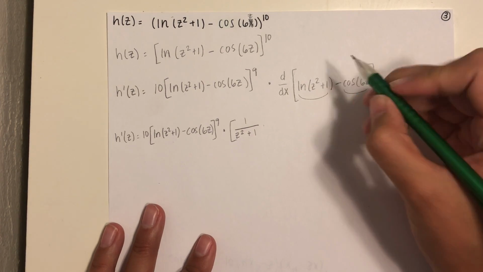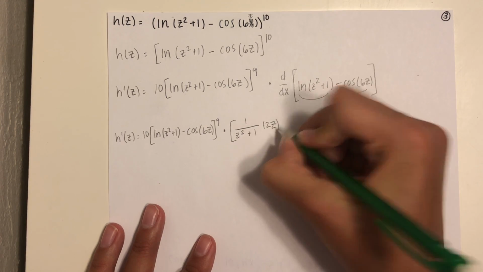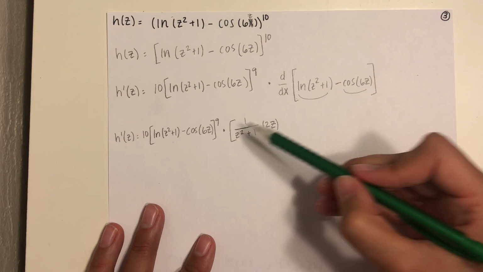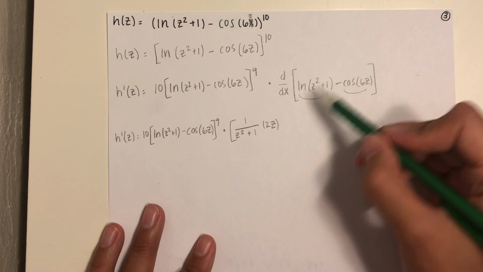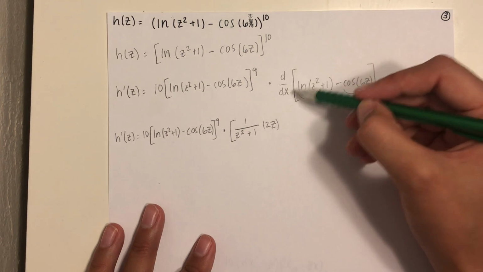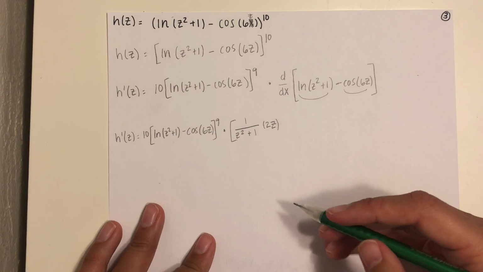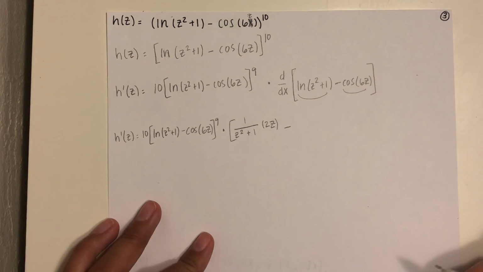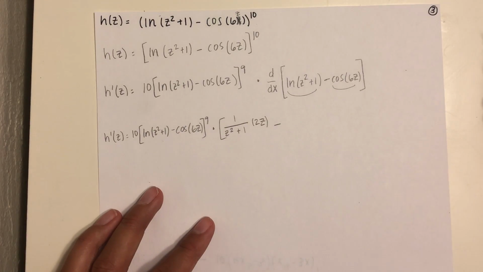So the derivative of this is going to become 2z. Okay, so all I did was take the derivative of the natural log component and then multiply it by the derivative of what's inside here. So I skipped the step where I wrote it as dx and did it in another line, but hopefully with the last 2 videos, that's a little bit clearer.